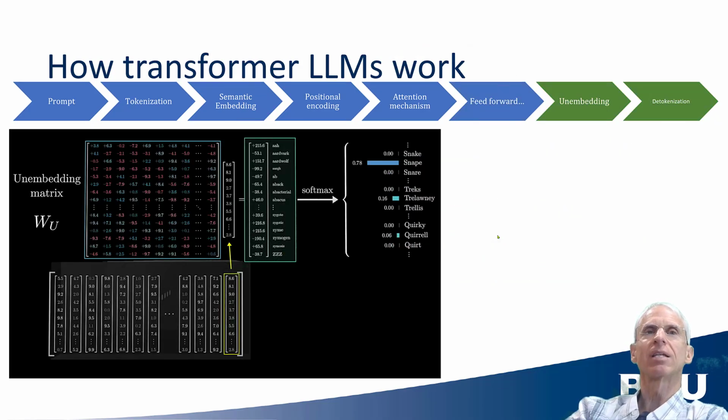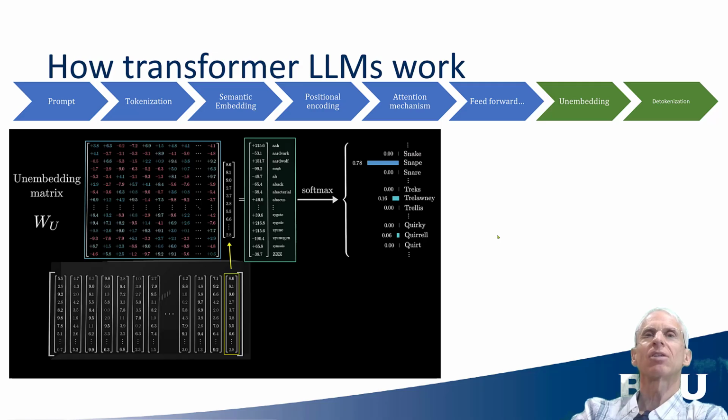Here's some pictures representing this. I'm not going to go into the details of this, but this was a bunch of numbers from a neural network trying to predict something having to do with, I think, a Harry Potter something, because the answer that it came up with is Snape or Trelawney or Quirrell.